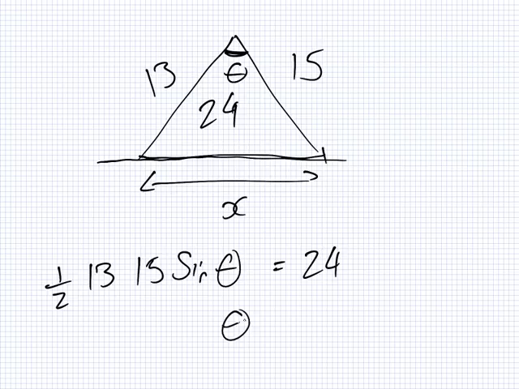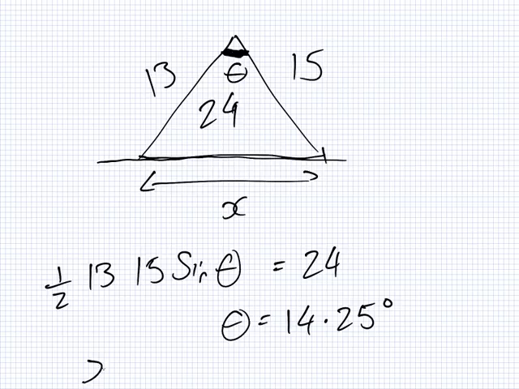So I get theta is 14.25 degrees. Now, at the time, we didn't have the cosine rule. But now we do have the cosine rule, so it's much easier to do. It's still possible to do without the cosine rule, it's just longer, but now that we have it, we might as well use it.